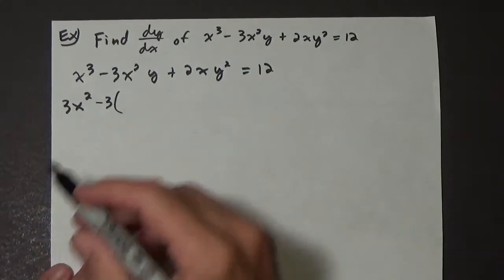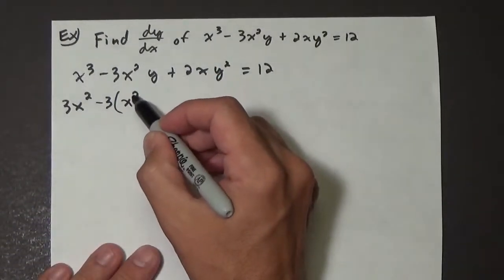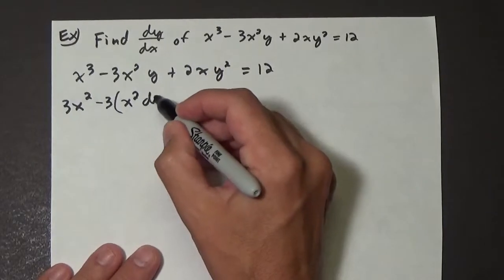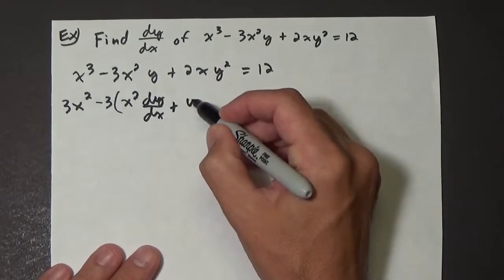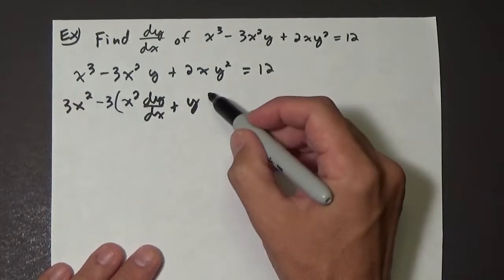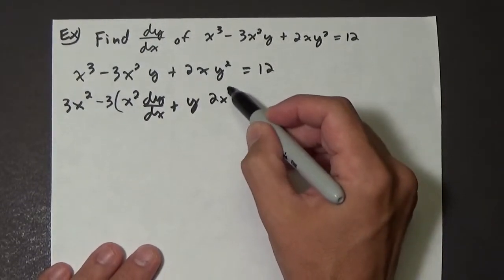So we have a product here. We have the first times the derivative of the second, which is dy/dx, plus the second times the derivative of the first, which is 2x.